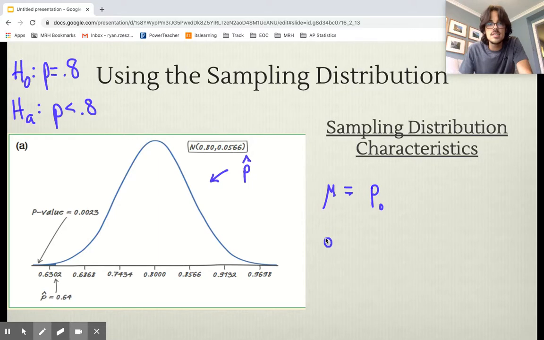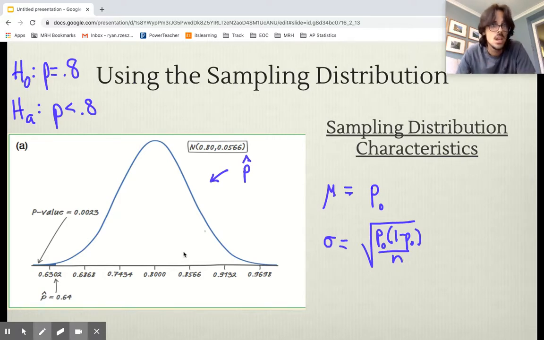And then for my standard deviation, if you recall from a few chapters back, or even last chapter, our formula was the square root of p(1 minus p) over n. So if I look at this problem, I want to know how rare a 0.64 is. And just by the way the picture is structured here, you can tell it's kind of rare for that to happen. But what we would need to do is just calculate it for our problem.